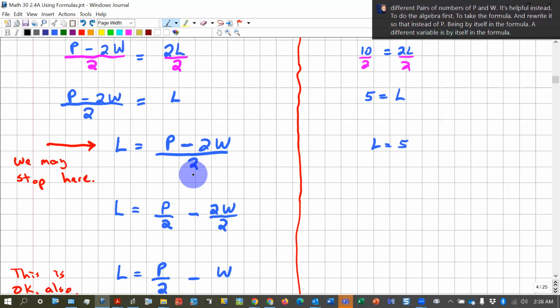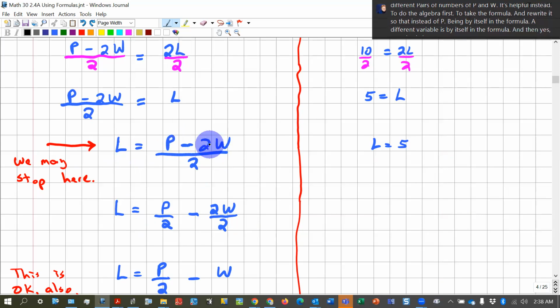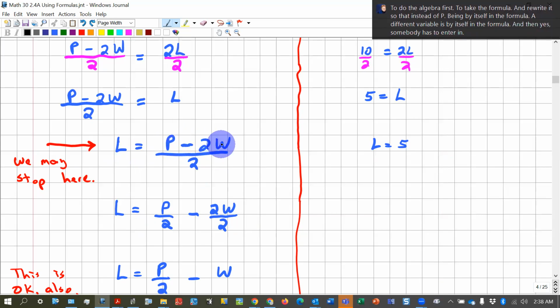And then, yes, somebody has to enter in every pair of numbers for P and W, but that's just a typing skill.